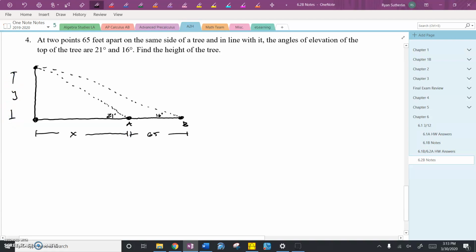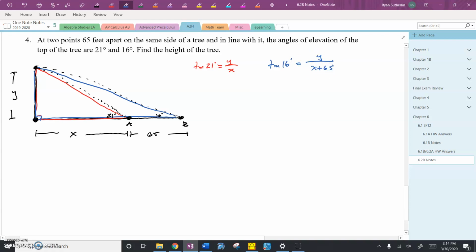So we have two triangles here. The first one, I'm going to do in red. We have this right triangle here, which says tangent of 21 degrees is equal to y over x. And then we have a second right triangle here, where I have tangent of 16 degrees is equal to y over x plus 65.